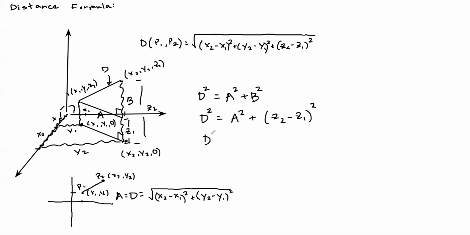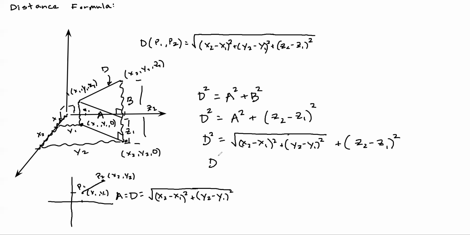Then we pop that in there, and you'll get d squared equals the square root of x2 minus x1 squared plus y2 minus y1 squared, plus z2 minus z1 squared. And I forgot my square here, so this square right there.